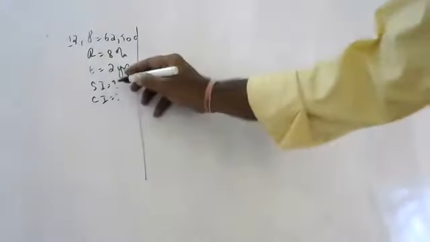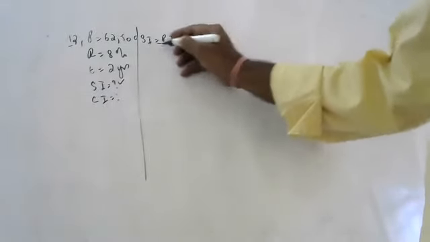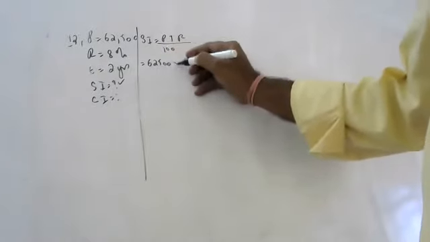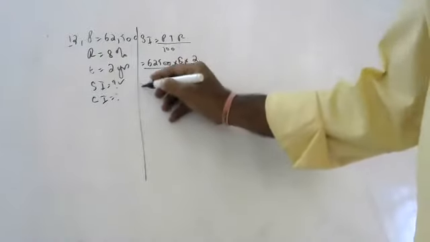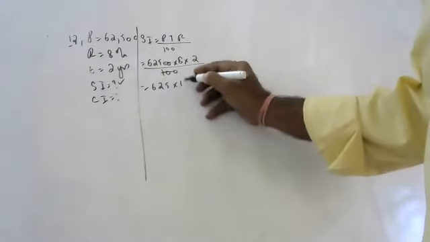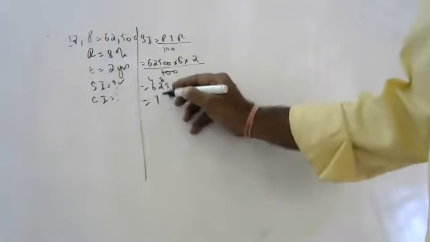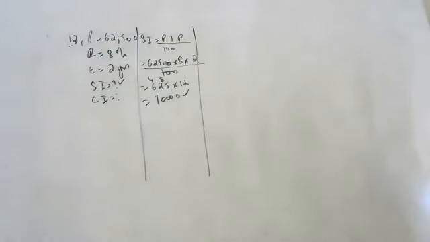Who will tell simple interest for this? Surya. 625 into 16. So this is the simple interest.